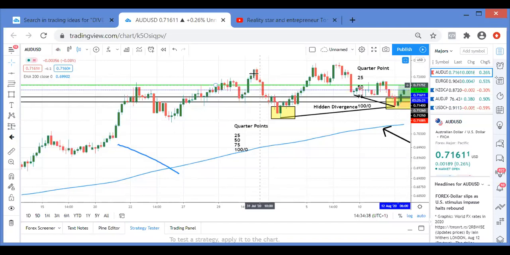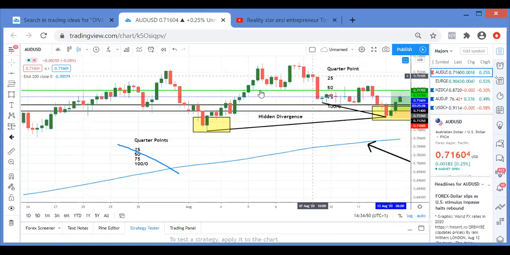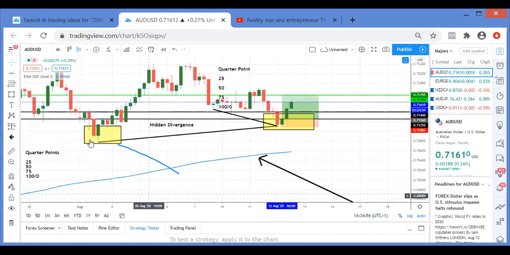Now, why is it counter trend? Because the trend is above the 200. So this is an uptrend. If you try and sell here, yes, the market came down, but it's risky. This is counter trend. When it's above, all I'm looking for is buys.